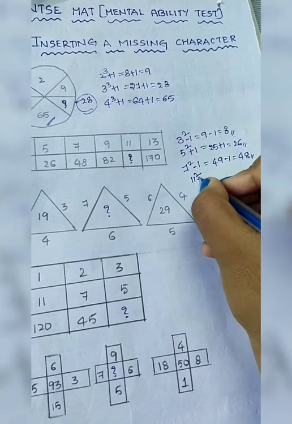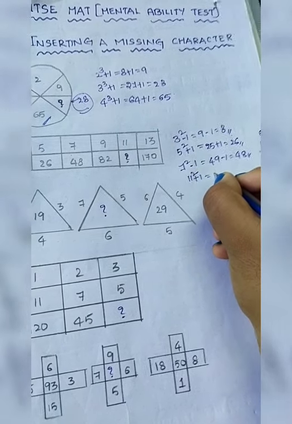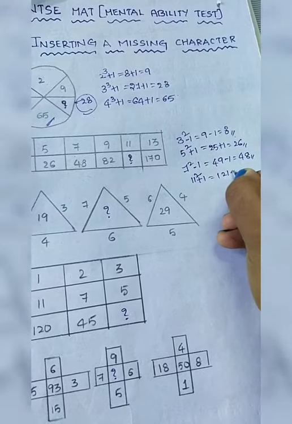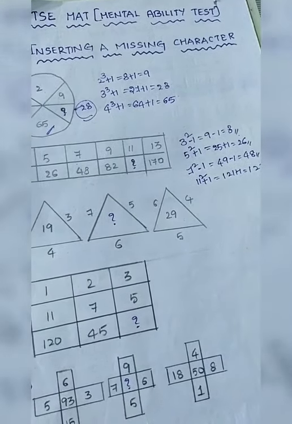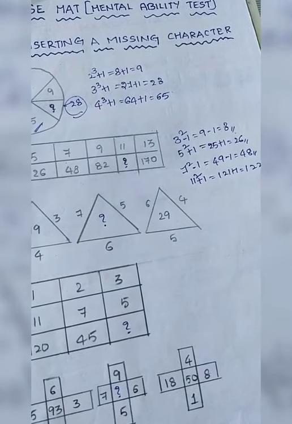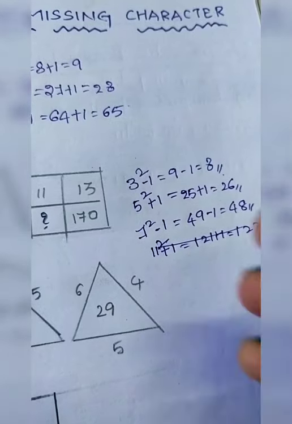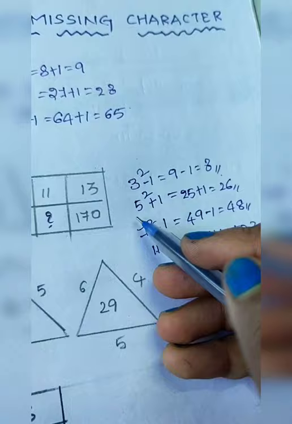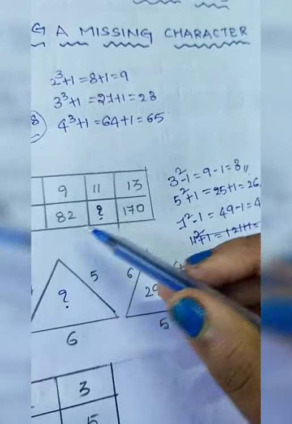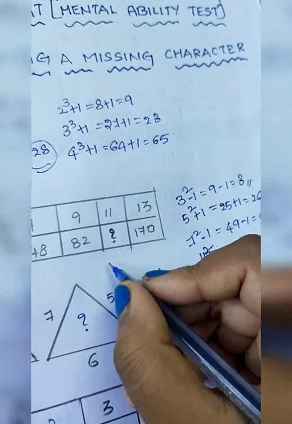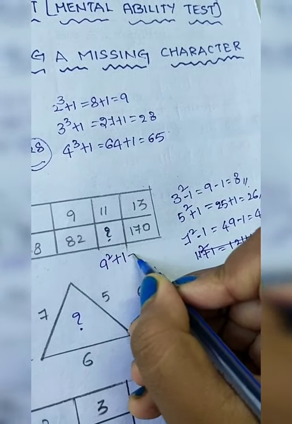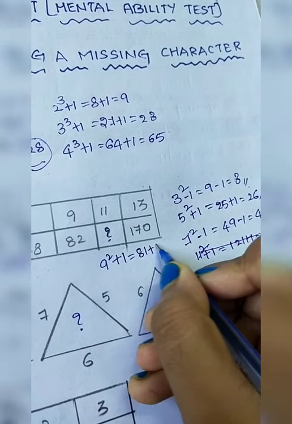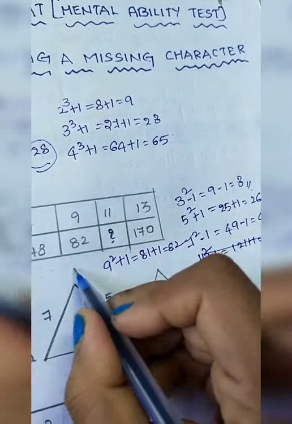So we have to take plus here. 11 square is 121 plus 1 is 122. So the answer is 122. So it's not 11, it is 9. So if we take 9, 9 square plus 1 equals 81 plus 1 equals 82. So we got this.